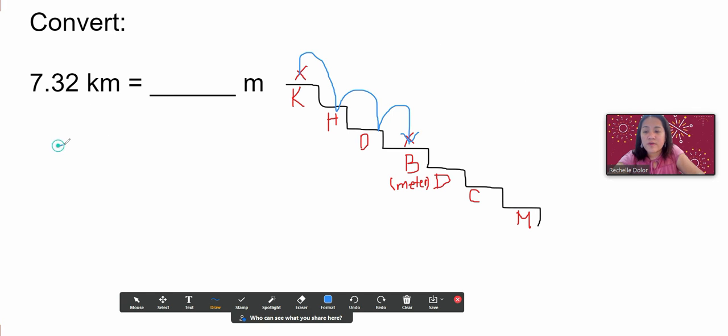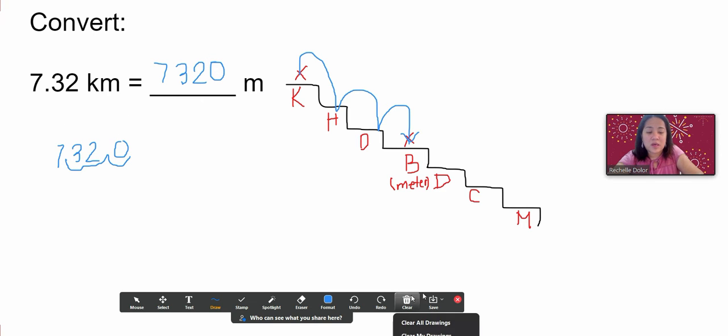So if I have 7.32 kilometers, I move it to the right 3 times. So 1, 2, 3. Then add a 0. So the answer is 7,320 meters if we convert the 7.32 kilometers to meters. Right? Okay, next. We will have our next slide.